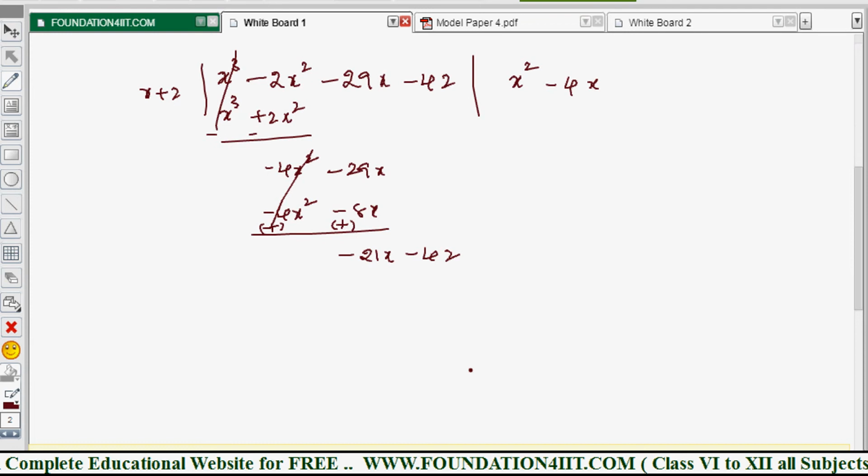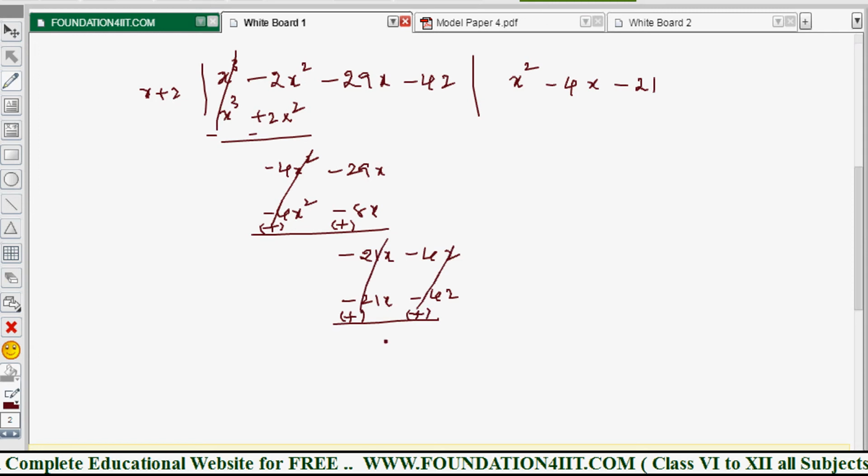Take it down. Now x is the first term here, and minus 21x is the first term in this. So x into what is minus 21x? That should be here, that is minus 21. So minus 21 into x is minus 21x, and minus 21 into 2 is minus 42. Change the sign.